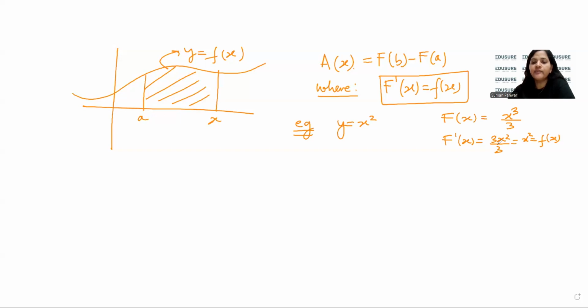And in fact, if you take F(x) to be x cubed by 3 plus any constant c, then the derivative of F will be 3x square by 3 plus 0, because the derivative of a constant function is always 0. So this is going to be x square. So what we notice is that I am differentiating capital F(x) and I'm getting small f(x).